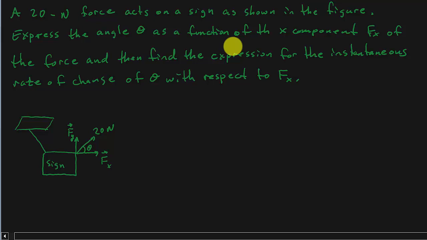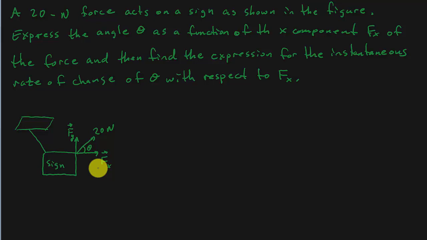All right, so we've got the sine here, and we've got these forces here. We've got f sub y, f sub x, and then here's that 20 Newton force, and then it acts on that angle theta. So what we need to do is set up what cosine is.